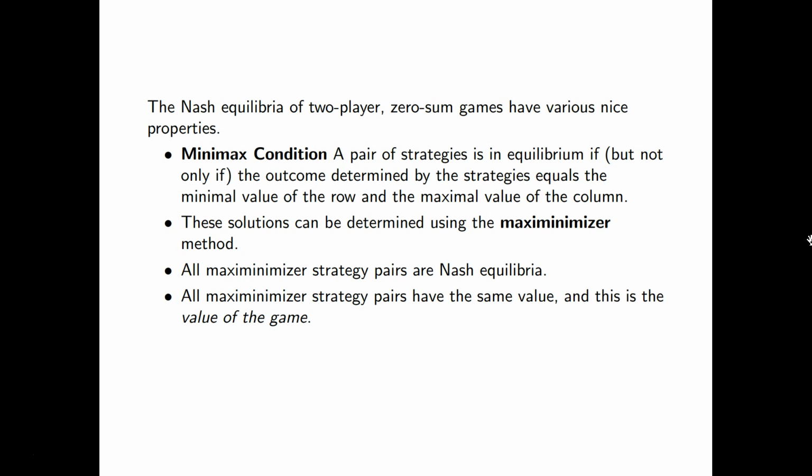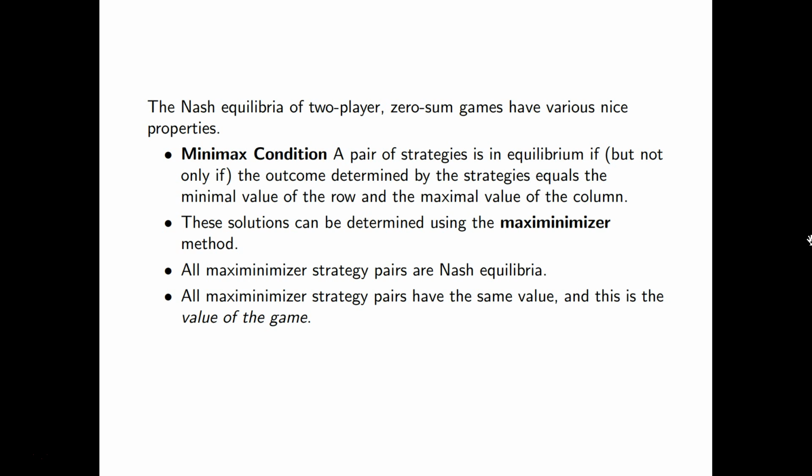The first of these properties is that two-player zero-sum games satisfy the Minimax condition. A pair of strategies is in equilibrium if, but not only if, the outcome determined by the strategies equals the minimal value of the row and the maximal value of the column.